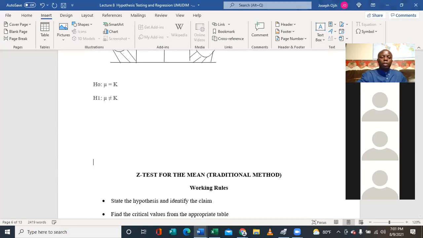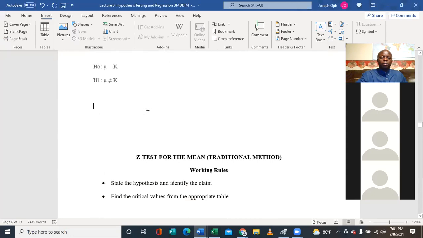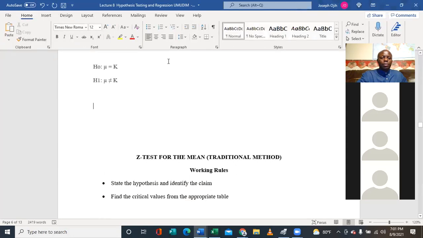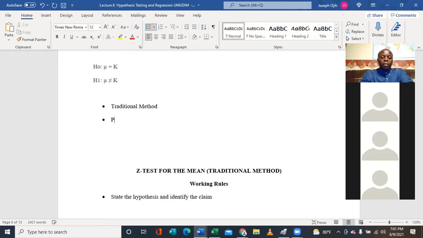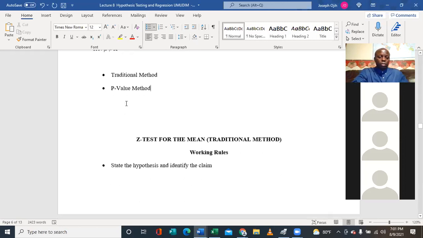There are two types of methods we use: the traditional method, and the p-value method. We do the traditional method today. Tomorrow we do the p-value method and the other methods.